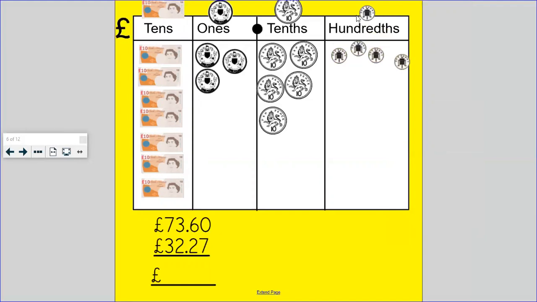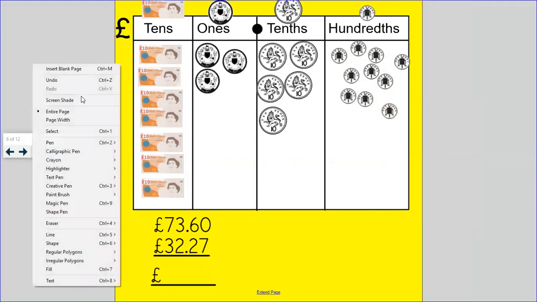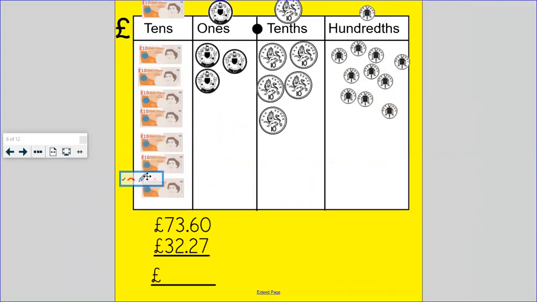You have to imagine these are being exchanged for that 10p piece. How many have I got there? 1, 2, 3, 4, 5, 6, 7, 8, 9, 10. So I've now got 10 pennies over here, and I've crossed out this 6.